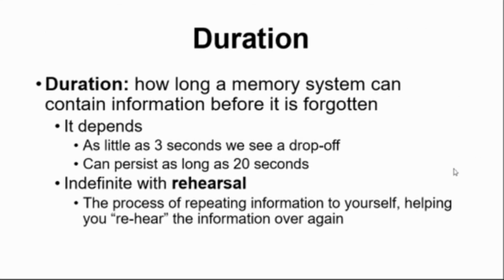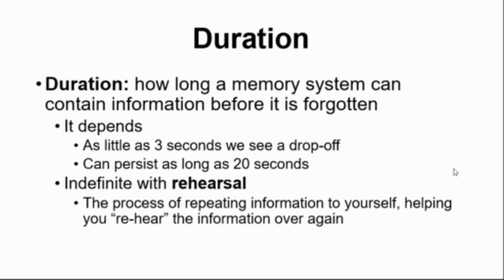For duration, of course, we want to know how long we can hold on to information. So how long can we remember that grocery list? There's a bunch of research, and depending on how things are set up, there's a lot of variability in what people think is going on. So when we're looking at how long we can hold information before we forget it, it's going to depend.